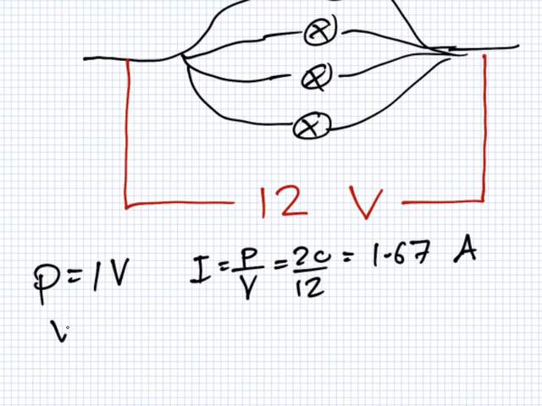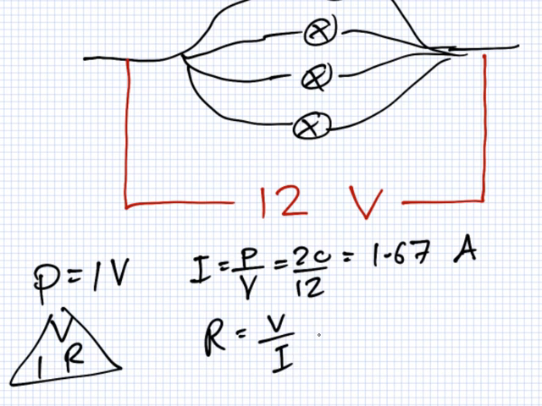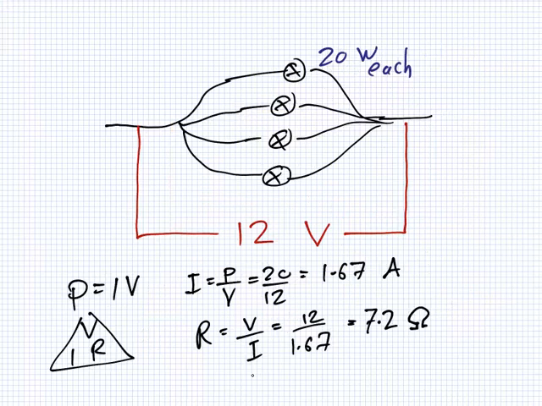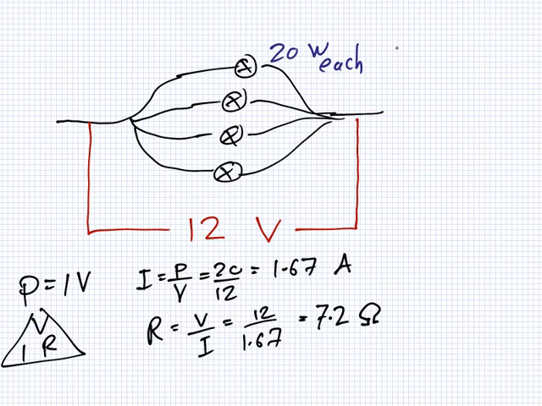And in your triangle VIR, R equals V over I, which equals 12 over 1.67, which equals 7.2 ohms. So we've worked out that these are 7.2 ohms each one.